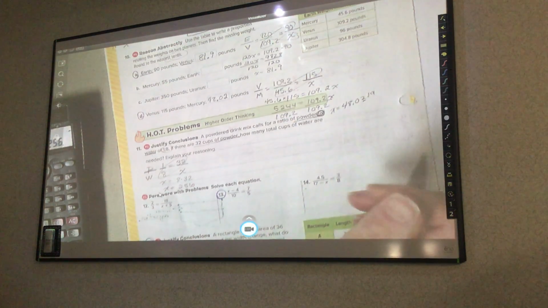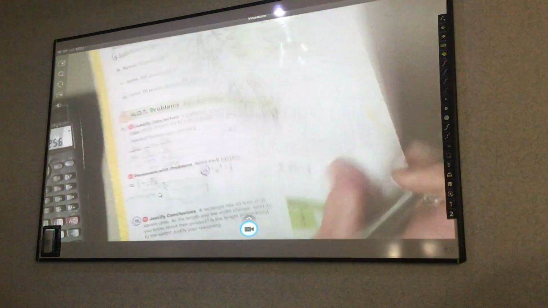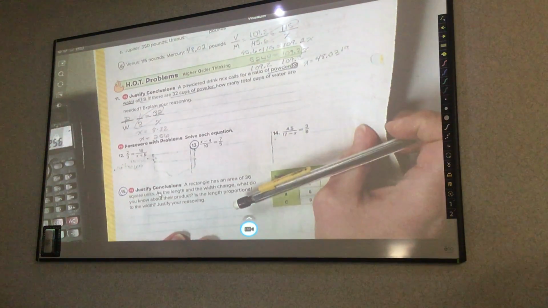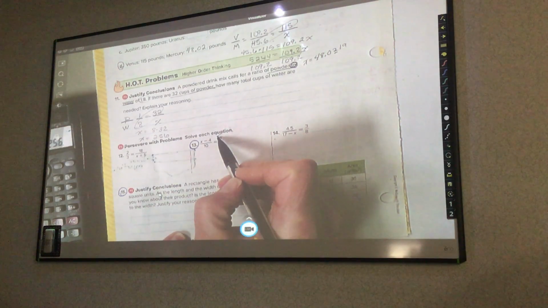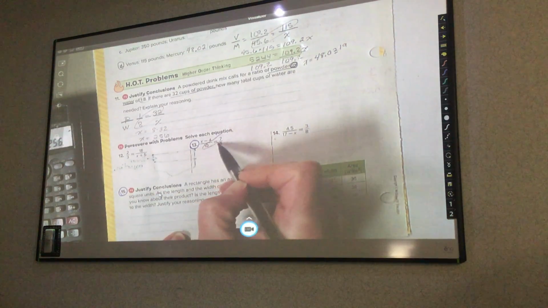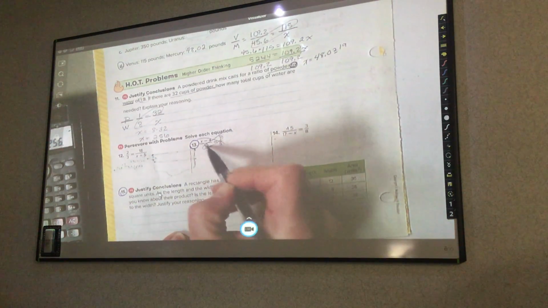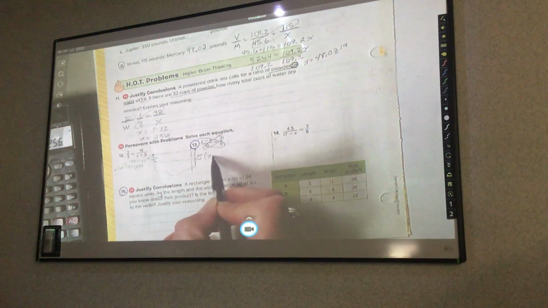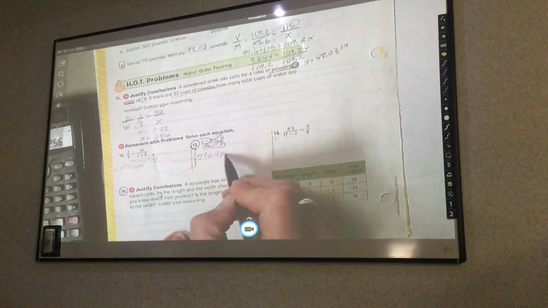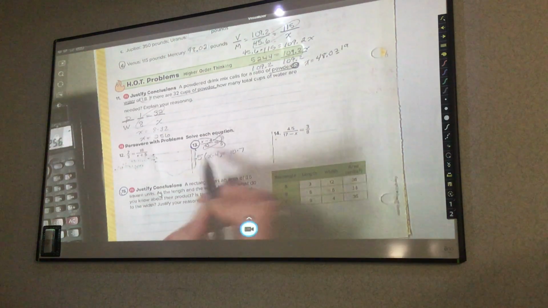Number 13 is exactly like what we've been doing on our bell work, and so you need to have it right now. Find the cross product. 5 times quantity x minus 4 equals 10 times 7.